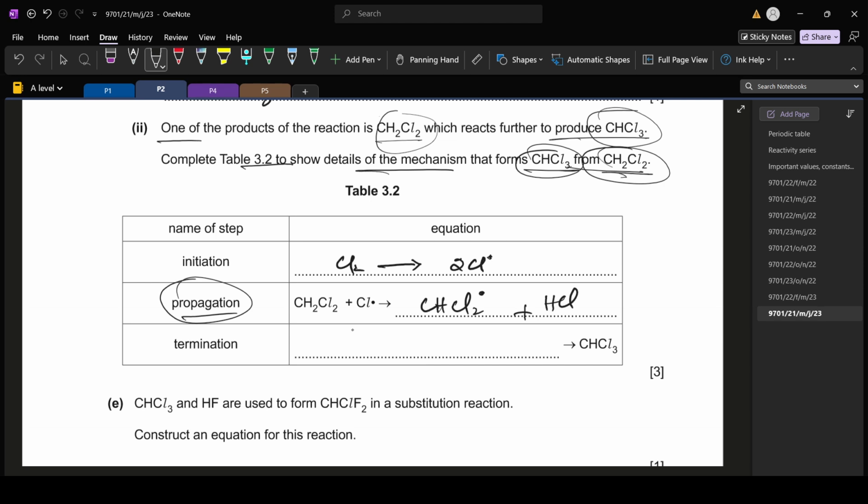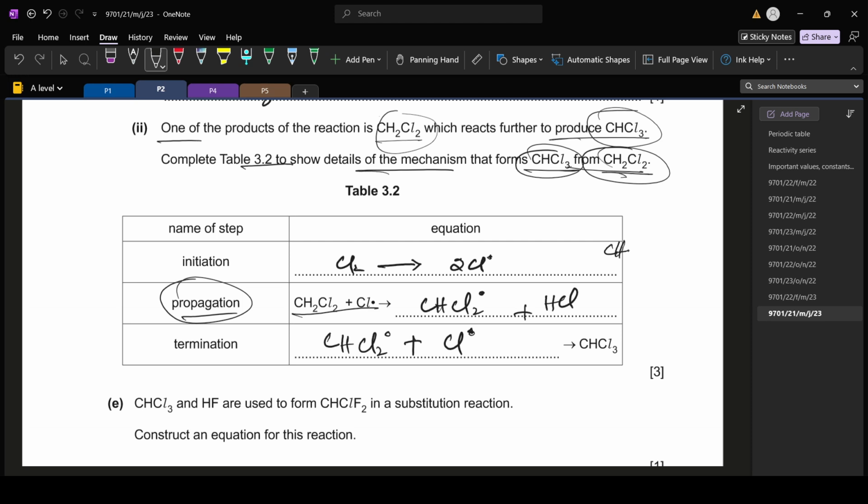Now this CHCl2 radical will react with a chlorine radical to form CHCl3. I hope it's clear.